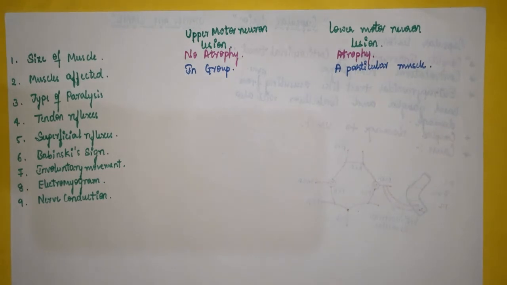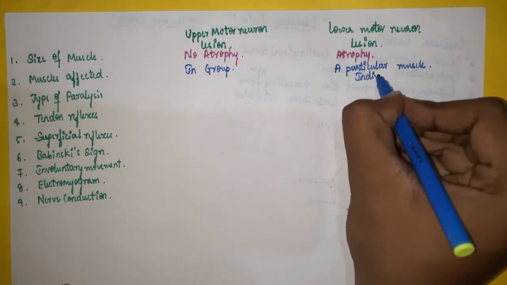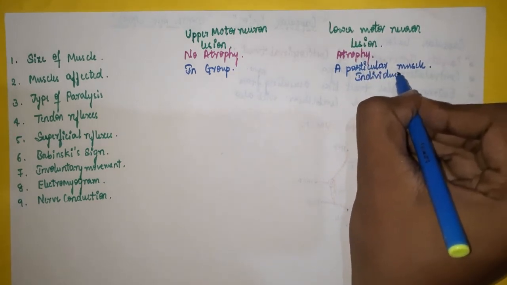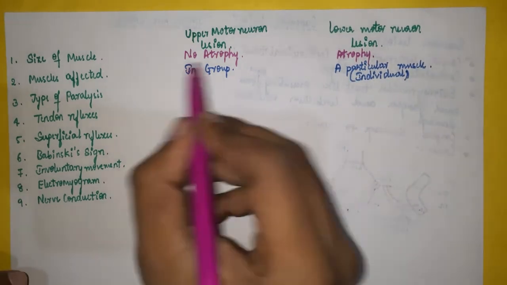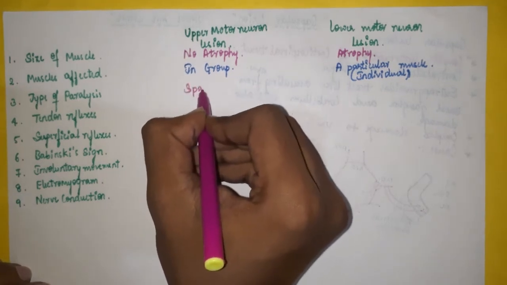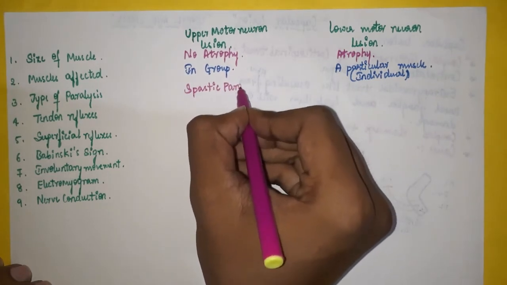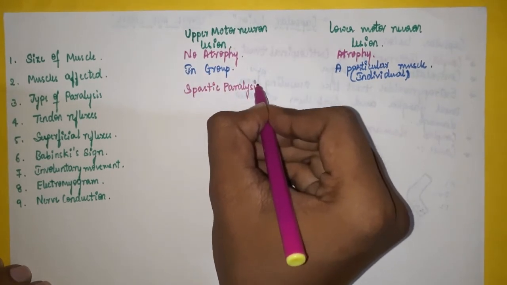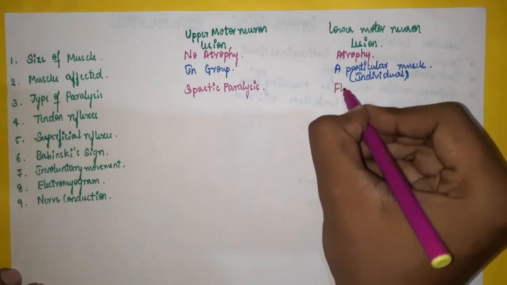In the lower motor neuron lesion, an individual, particular muscle is affected. Now, type of paralysis. In an upper motor neuron lesion there is spastic paralysis. In a lower motor neuron lesion there is flaccid paralysis.